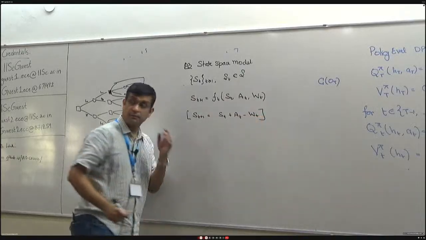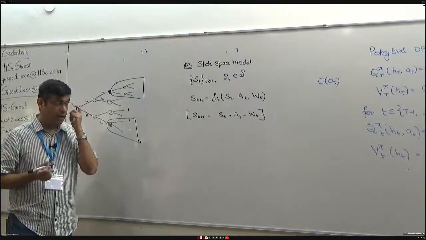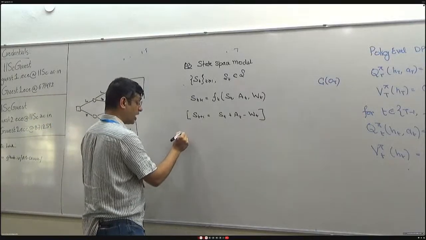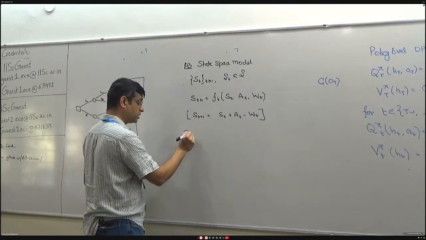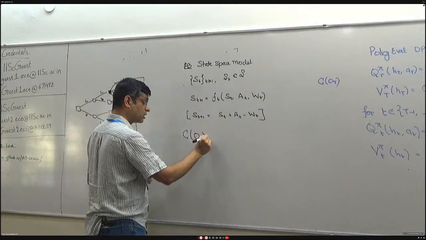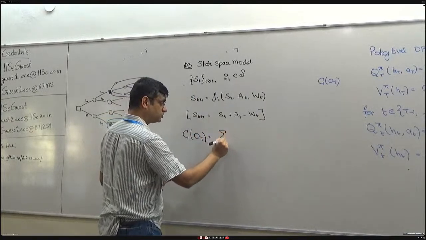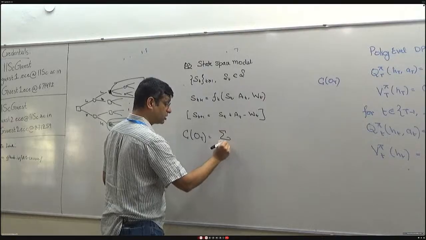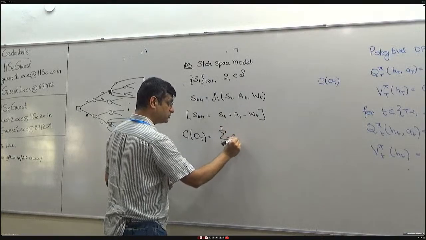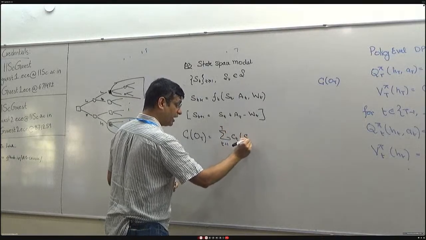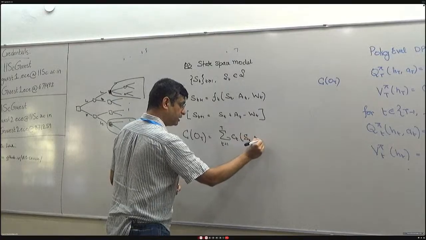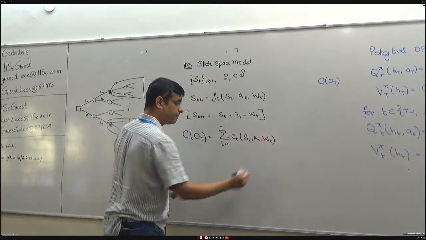In addition, I'm assuming that the total cost as a function of the outcome can be decomposed into a cumulative cost which depends on C_t of F_t, A_t, and W_t.